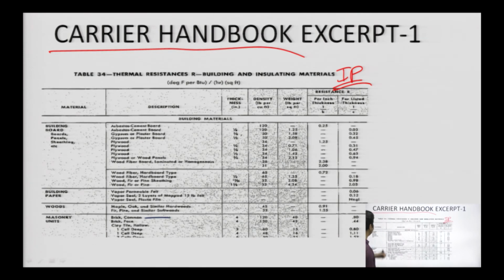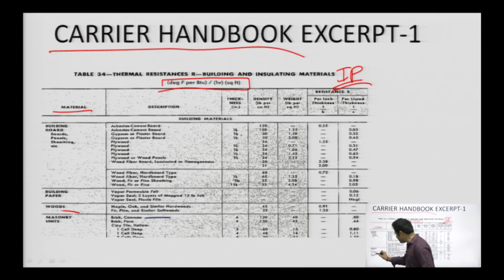So what you can see is the material. First of all, look at the units: degree Fahrenheit square feet hour per British thermal unit. Suppose we have to take out the resistance for a 200 mm brick wall. Can you see the masonry units?